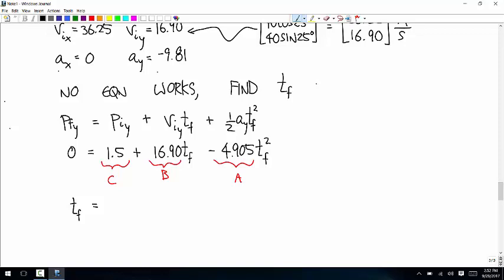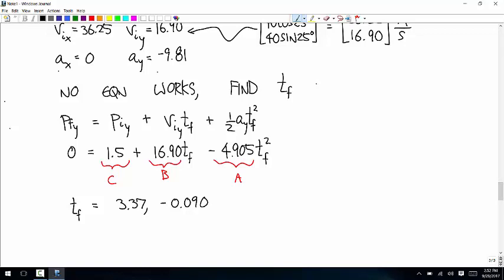There should be a negative one and a positive one.